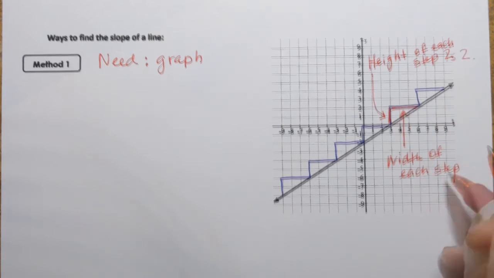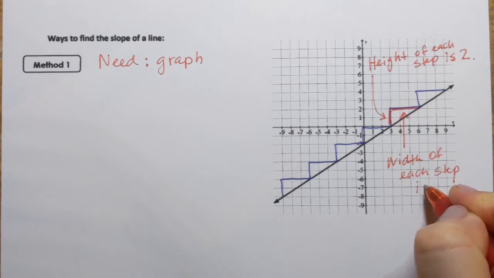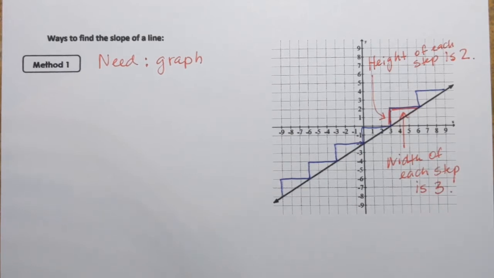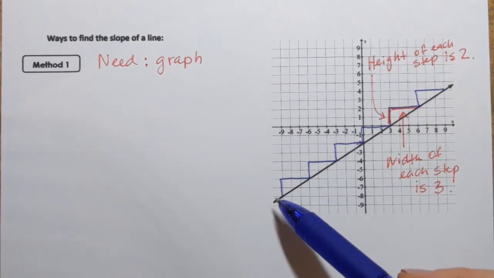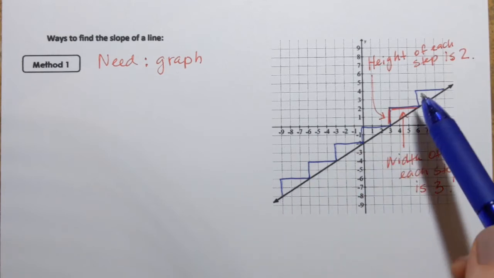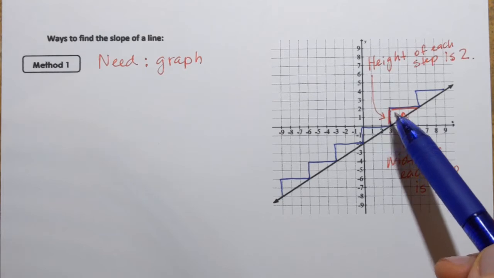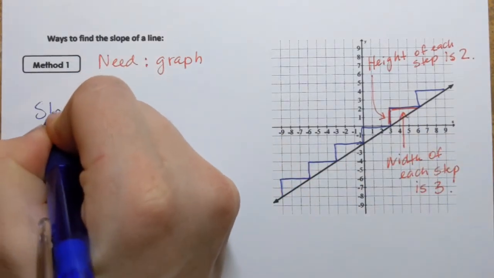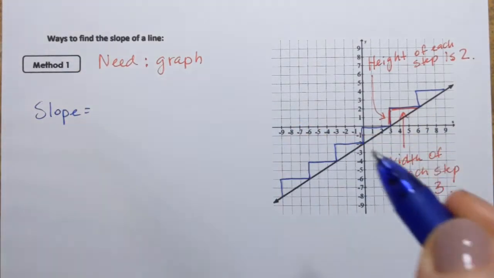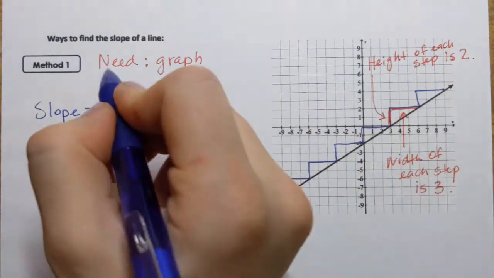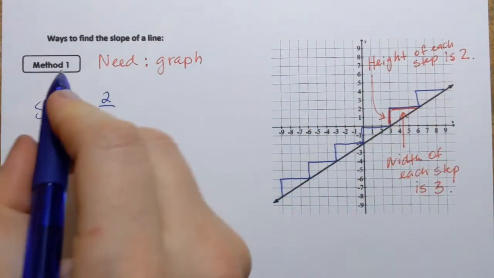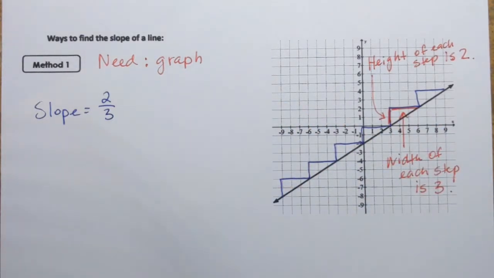The width of each step is 3 units. And now to measure the slope of this line, we're going to describe the size of each step by taking, so I'm going to say slope, by taking the height of each step and putting it over the width of each step, so 2 over 3. And that's going to be the slope.